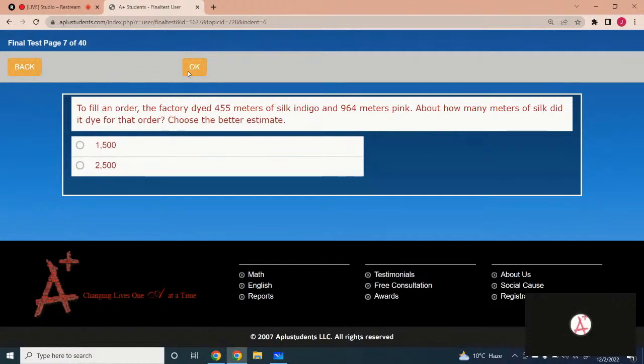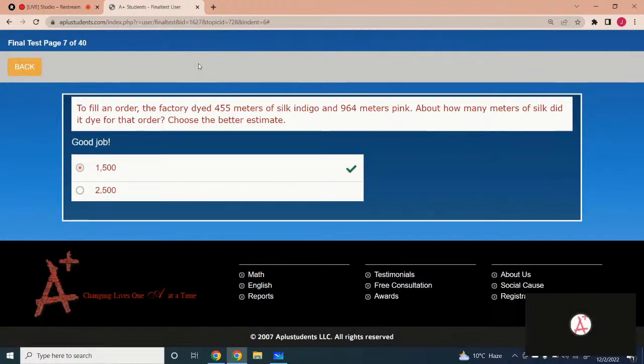It would be 1500. Got it? So just select the correct option and click on the OK button.